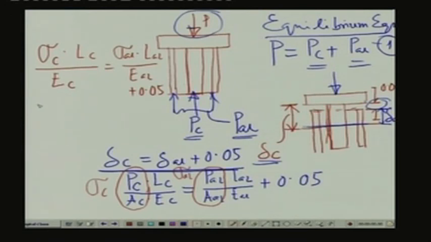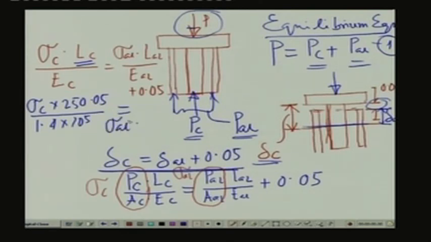So, sigma C into 250.05, the length of the copper rod, divided by E of copper rod, which is 1.4 into 10 to the power 5, is equal to sigma aluminum times the length of the aluminum, 250, divided by E, which is 0.7 times 10 to the power 5, plus 0.05.